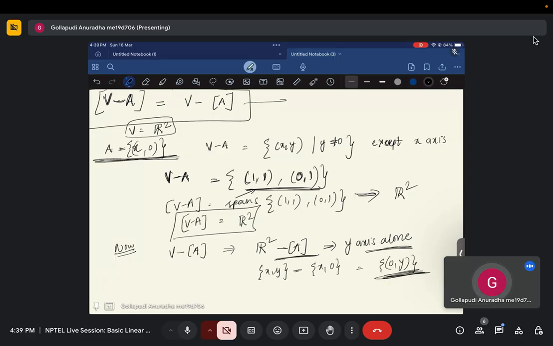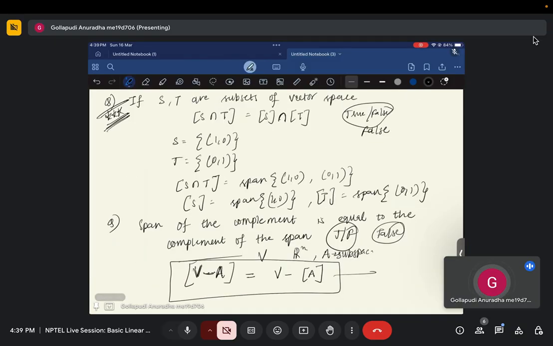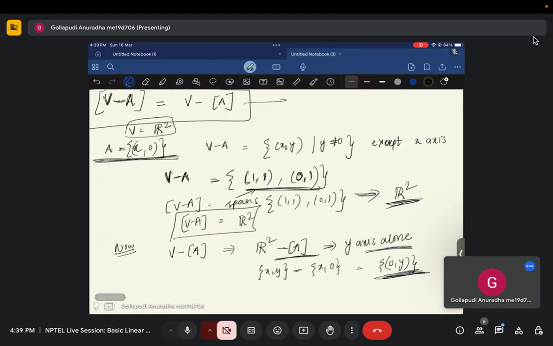This line is not the same as R2. So the span of the complement is never equal to the complement of the span. Is that okay?